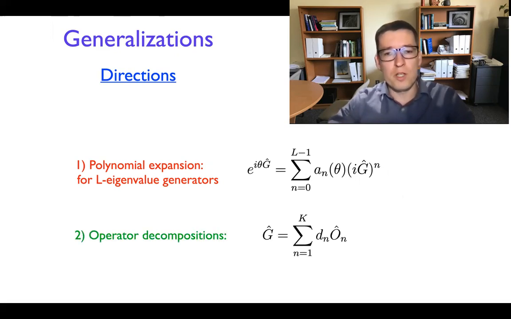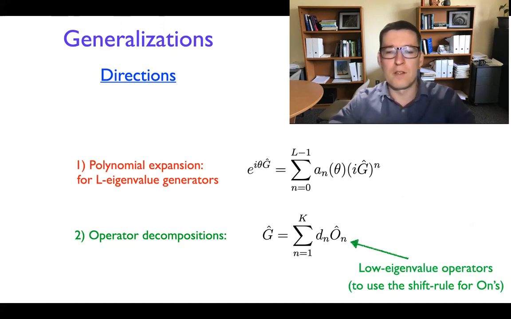And the second approach is decomposing the generator into low-eigenvalue operators, the ones that have only plus or minus 1, or maybe up to 3 eigenvalues, and with some real coefficients.